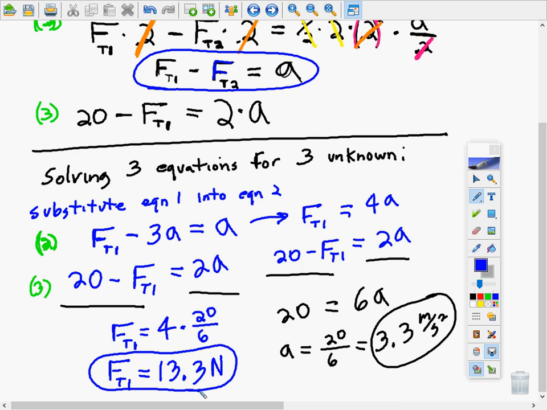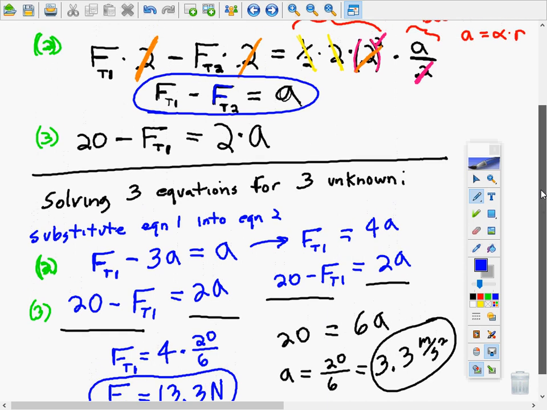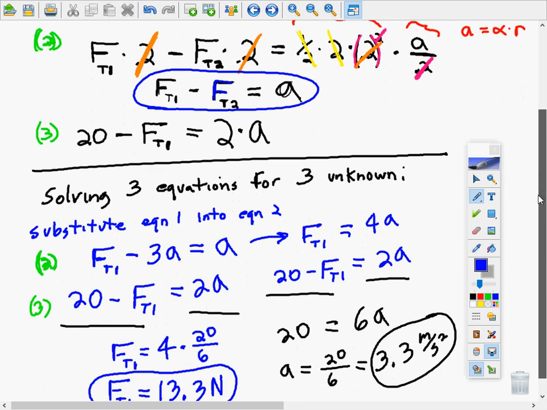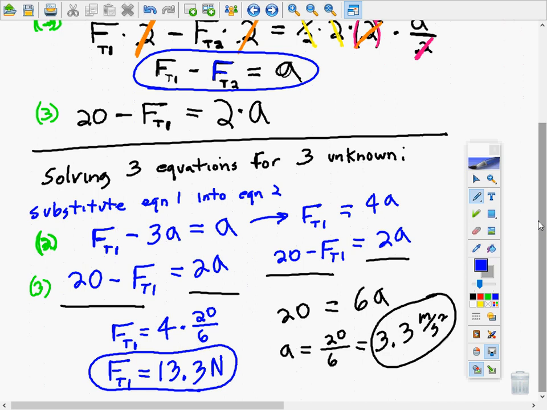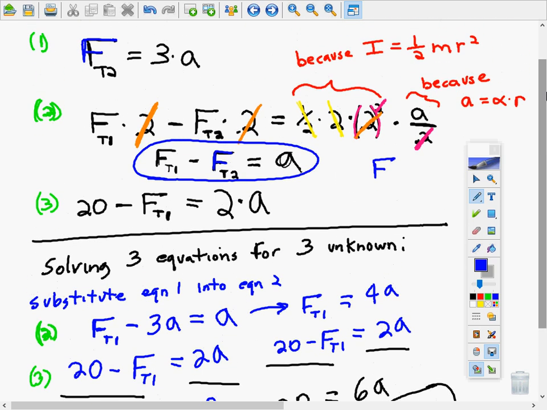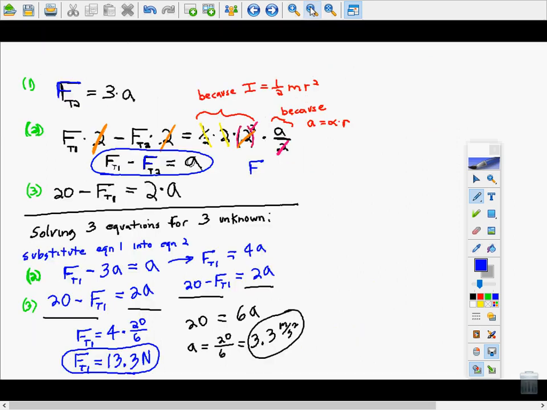And then finally, I can go back to the first equation, ft2 equals 3a. And I'll squeeze that right in here. What was that equation? ft2 equals 3a. Is that right? You know, maybe I should just make this smaller. What's the one below it? ft1 minus ft2 equals a. I'll make that all smaller there.